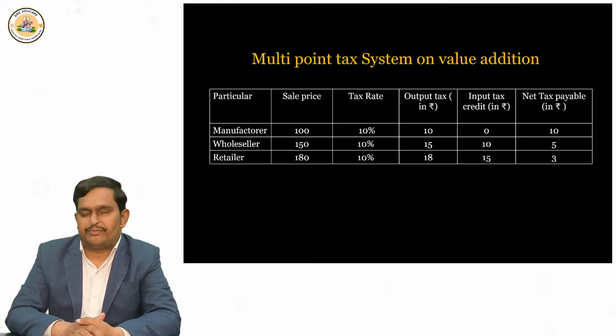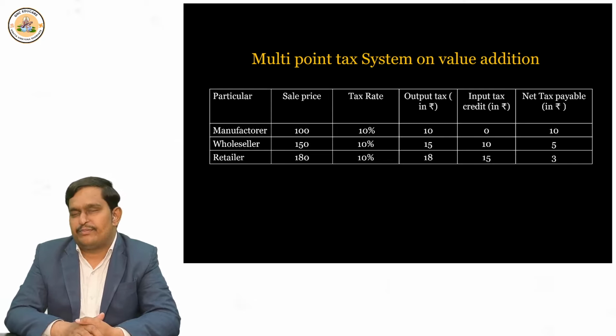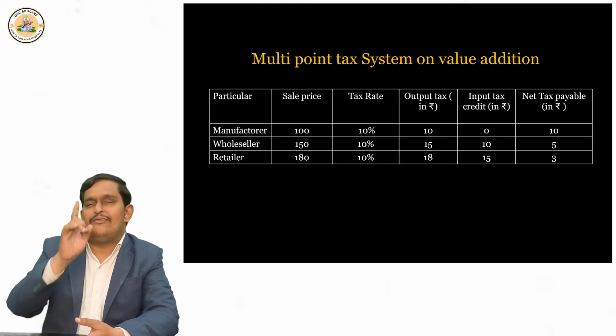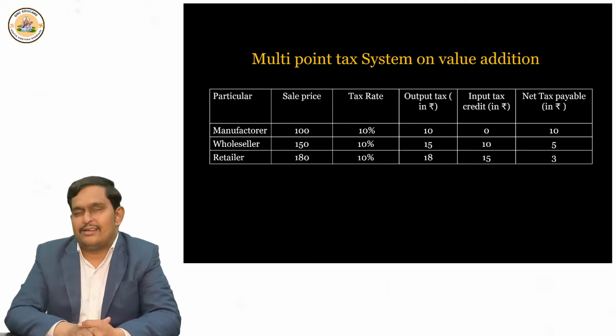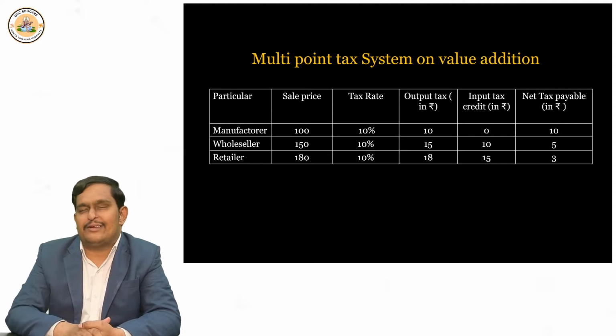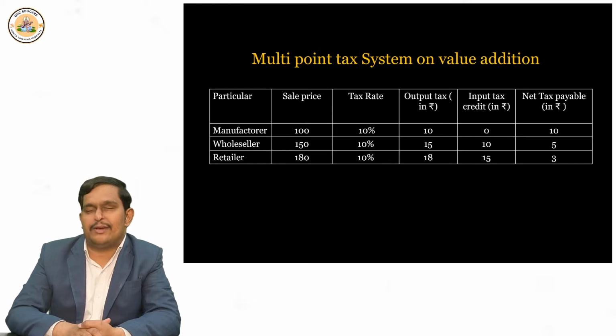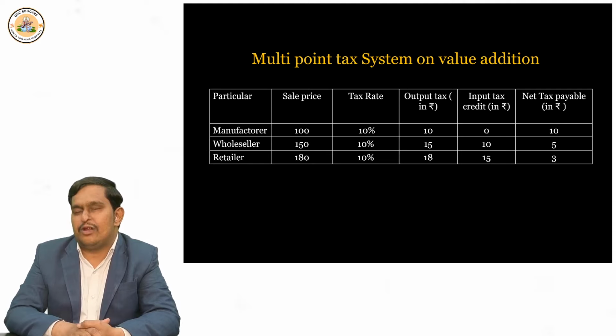Think about the multi-point tax system. If suppose only one tax is there, only a single tax, then the multi-point tax system will perfectly work. But if suppose tax collecting authorities are different, like some taxes are collected by central government, some taxes are collected by state government, then multiple authorities are there.